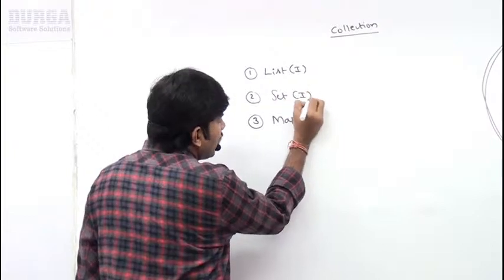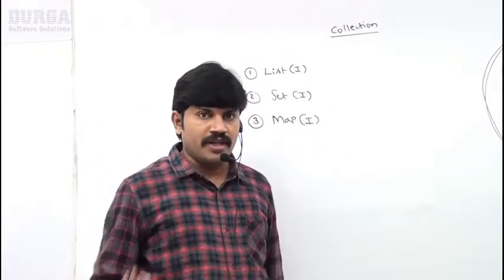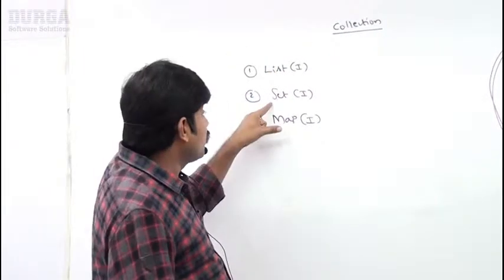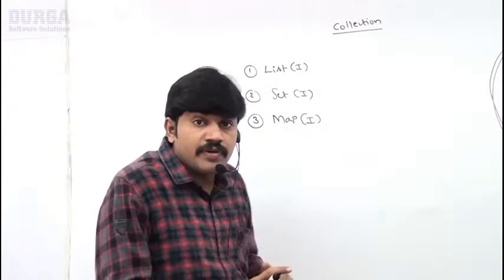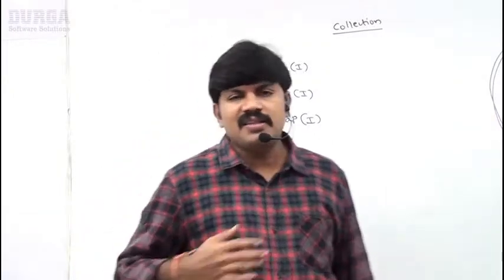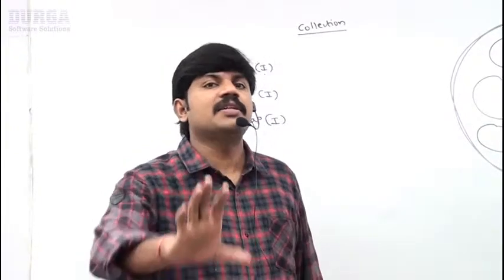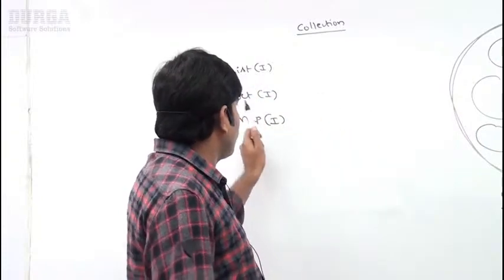The corresponding implementation classes are also there, but don't worry about that. Sometimes we go for a list collection, sometimes a set collection, sometimes a map. Not only this, even the queue concept is there from version 1.5. That is not our requirement, because I'm not going to discuss the collections concept in detail. It's just a basic idea for the people who don't know about collections.